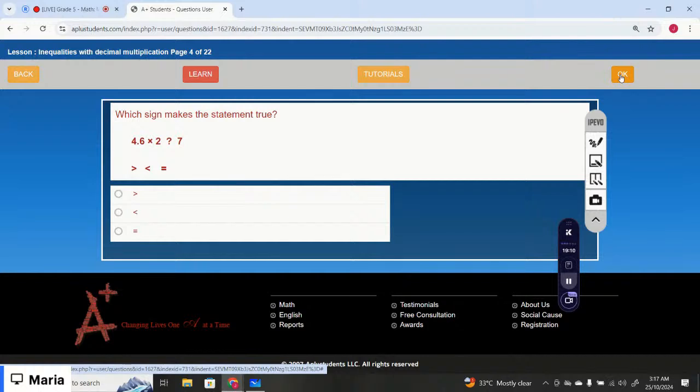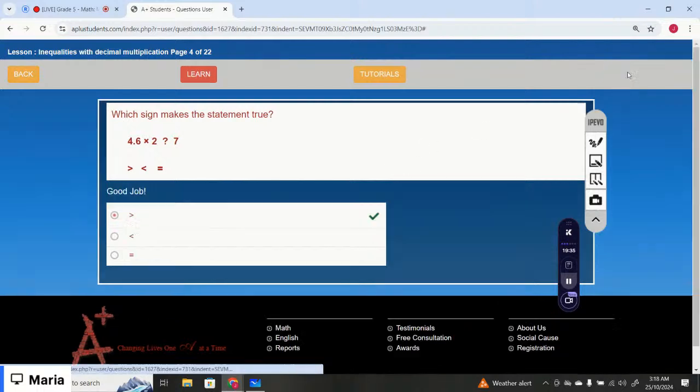The correct option is option 1. 4.6 times 2 is greater than 7. Yes, option number 1 is the correct option. Greater it is.